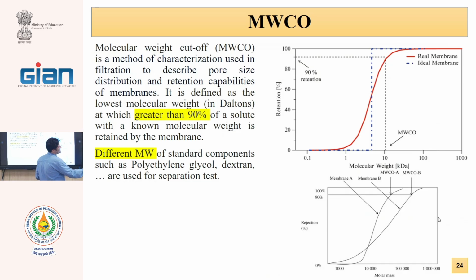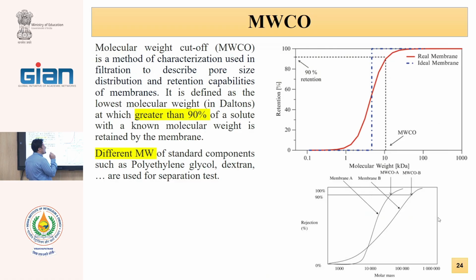For drawing of this diagram, we need at least 5 or 6 points. For example, in this kilodalton range, we select polyethylene glycol. Polyethylene glycol has a molecular weight from 200 to 2 million Dalton. Okay?